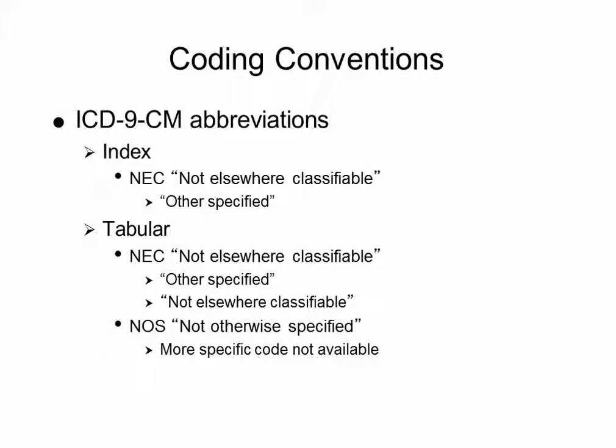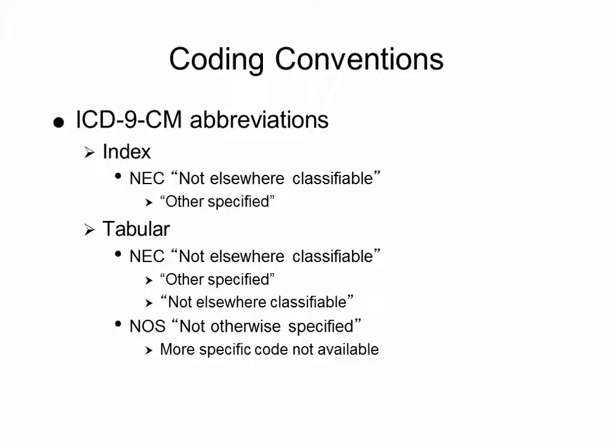It's other specified. The doctor has specified some particular type of disease process that has no code in ICD-9 assigned to it. So there is no way you can get more specific than not elsewhere classified. They have this disease process, but there's no other more specific code.